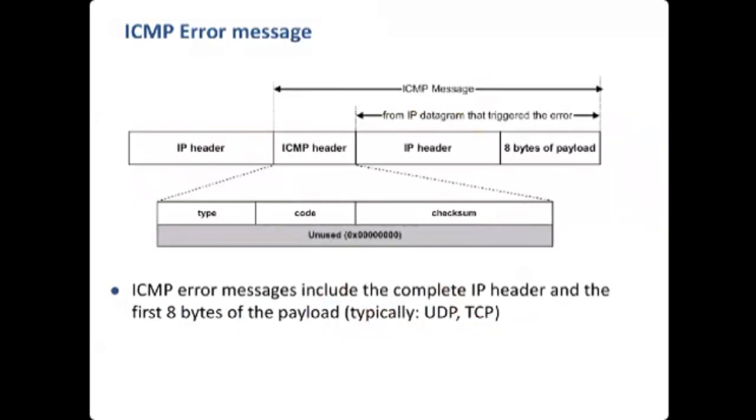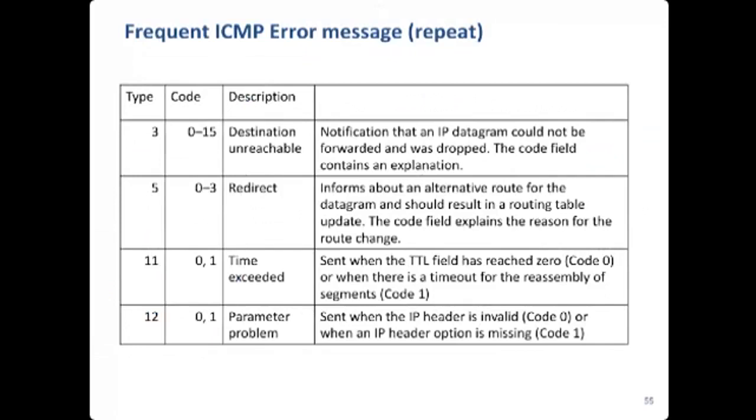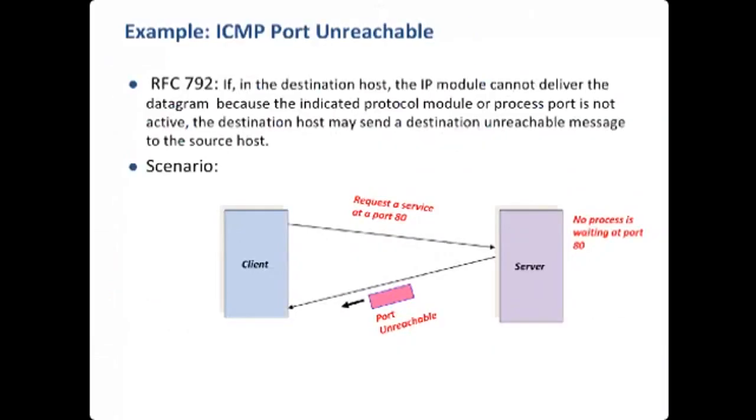So this is the format, you can read all this. For example, a client sends an IP packet to, say, port 80, which is the HTTP port, and that's not working for some reason, or that app is not working, then it will respond back through an ICMP message that the port is unreachable.